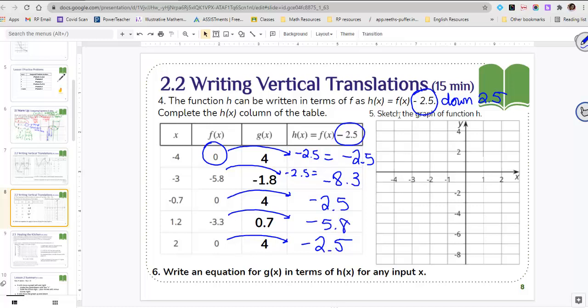So we're just taking every original output from our f function and subtracting 2.5 from the output value to slide the whole thing down.